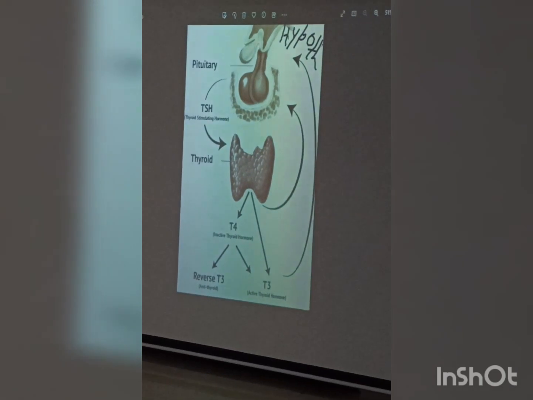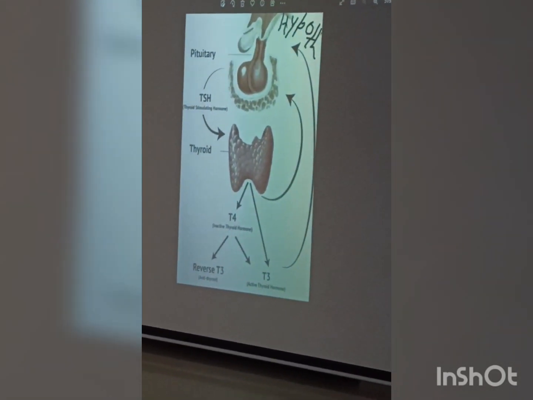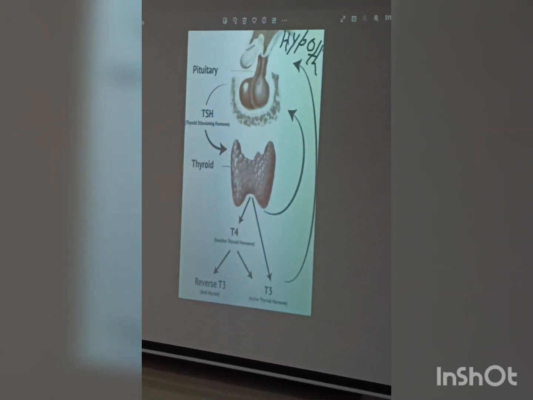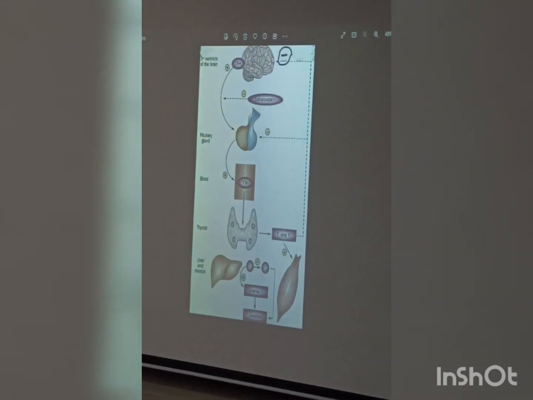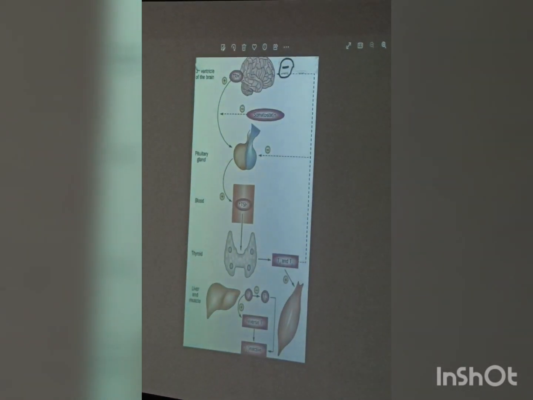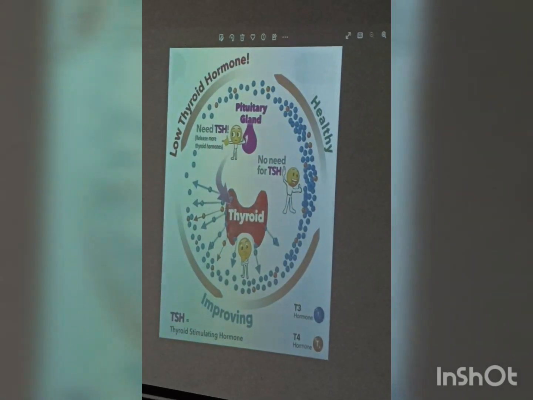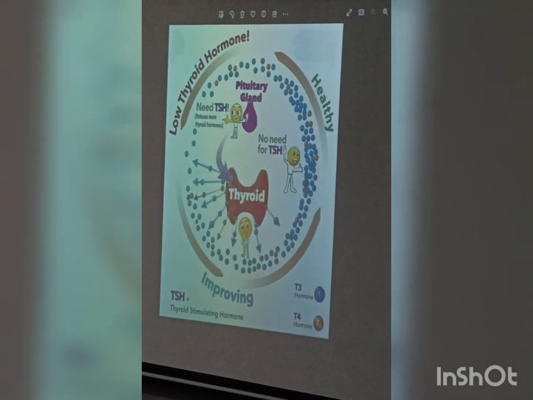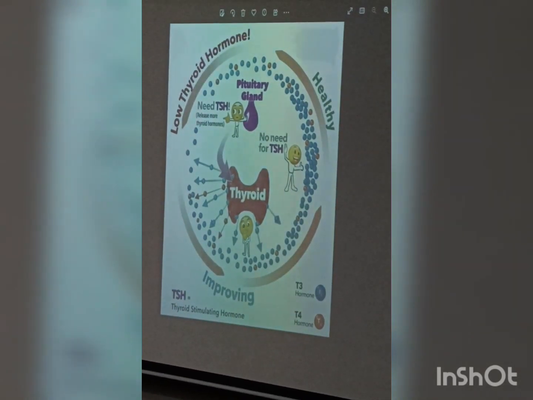Again, a chart to show you the relation of the hypothalamus, pituitary, thyroid, and TSH and how they form it. If you learn any one chart, it will be easy to memorize. This is again just to show you that low thyroid hormone causes a pathological condition.